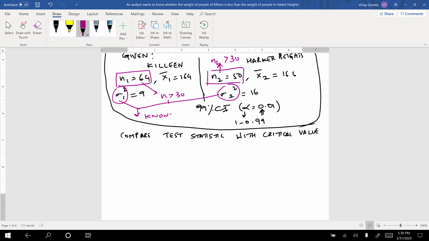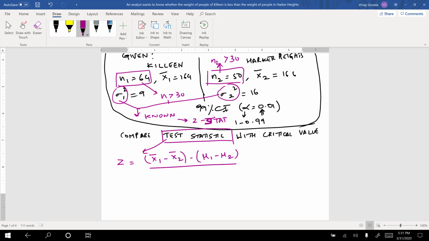So this means you will be using the z-test, z-stat. So for the test statistic, I will be using the z formula. Z is equal to x1 bar minus x2 bar minus mu1 minus mu2, over the square root of sigma 1 square by n1 plus sigma 2 square by n2.